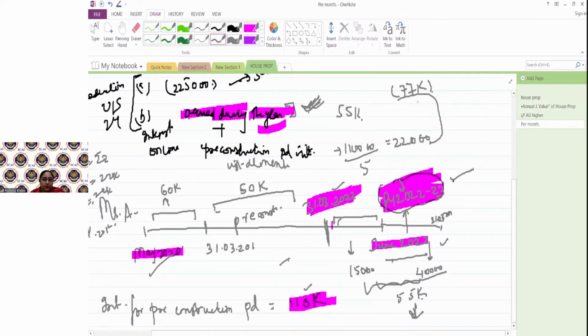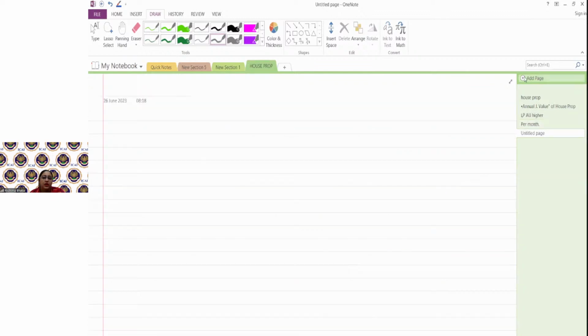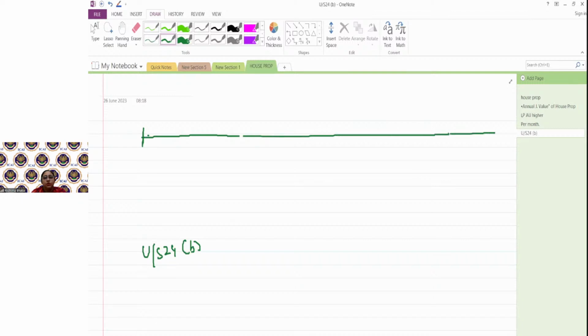Now, I will drop you all for the break, but before going to the break, I want you to do the question during the break, take the refreshment time, uske baad, just tell me what would be the interest allowed as deduction under section 24 clause B, and the things which are given to you are as follows. Construction got completed in January 2023. Loan was taken in July 2019.